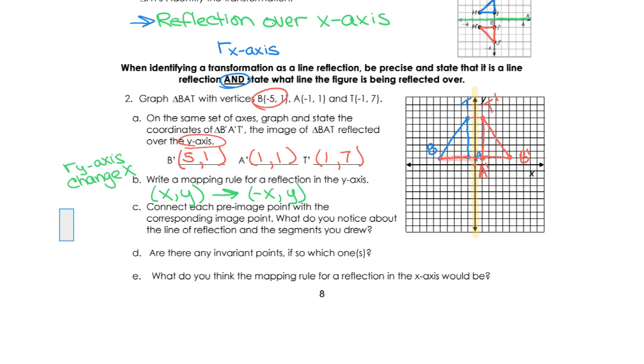Okay. Part C says connect each pre-image point with the corresponding image point. What do you notice about the line of reflection and the segments you drew? So they really want me to connect T and T prime, which I kind of already have, but I'll make it a yellow line. Connect B to B prime and connect A to A prime, which is already kind of under there. All right. So they want to know, what do you notice about those yellow line segments and your yellow line of reflection?